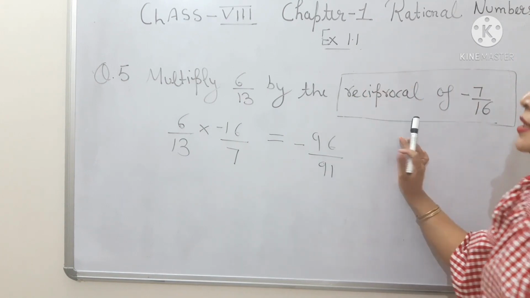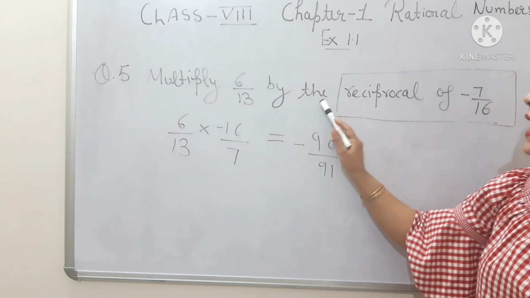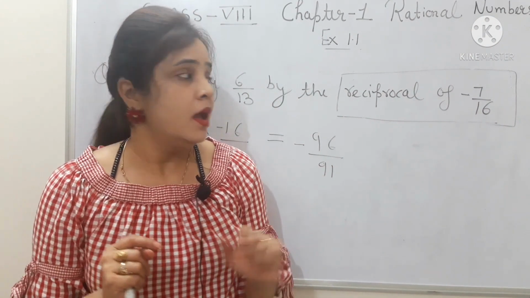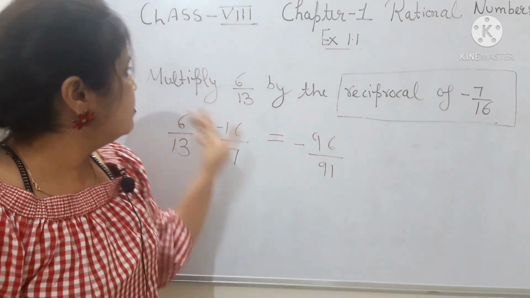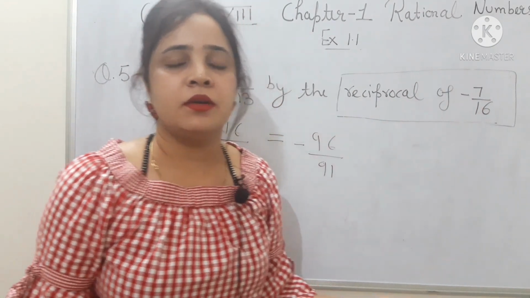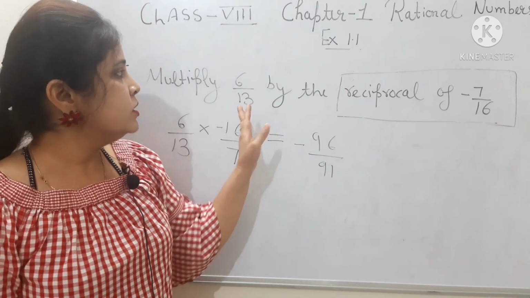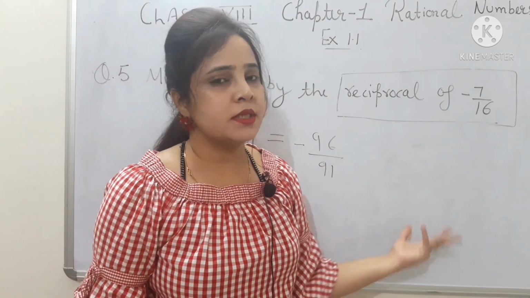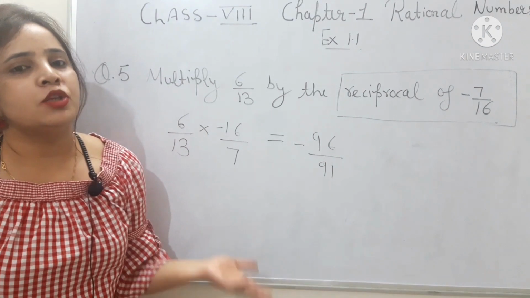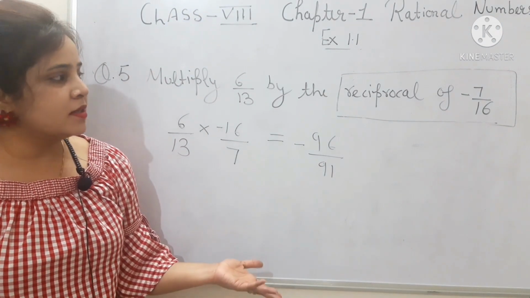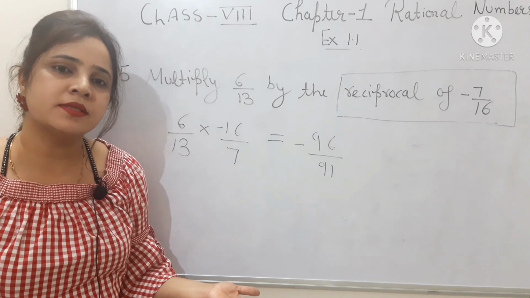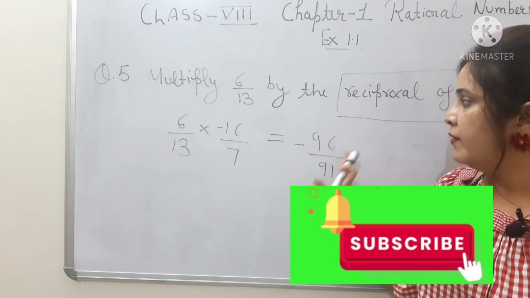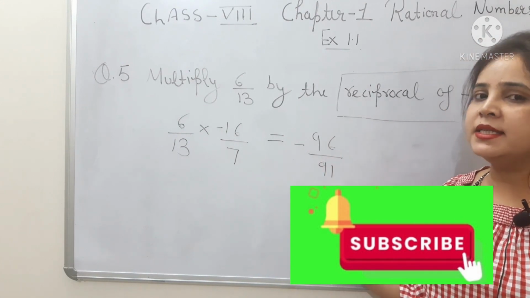The question demands multiply 6/13 by the reciprocal. इस वर्ड को आपने डेफिनेटली अच्छे से रीड करना है. रेसिप्रोकल. अगर आप इस वर्ड को जल्दी में नहीं रीड करोगे, मल्टीप्लाई 6/13 by minus 7/16, बट यू विल बी गेटिंग 0, बिकॉज आप क्या करोगे? 6/13 को डायरेक्टली किससे मल्टीप्लाई कर दोगे? minus 7/16, एंड अल्टीमेटली जो भी आपको मिलेगा, जो भी आंसर आप निकालोगे अपना टाइम वेस्ट करके, एग्जामिनर इज गोइंग टू गिव यू 0 marks. सो read the question carefully. Okay, so at last you are getting your answer as minus 96/91.